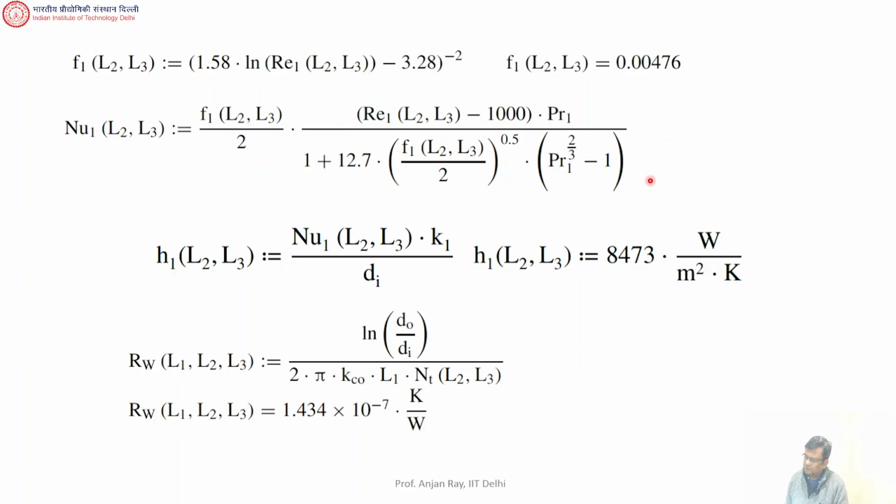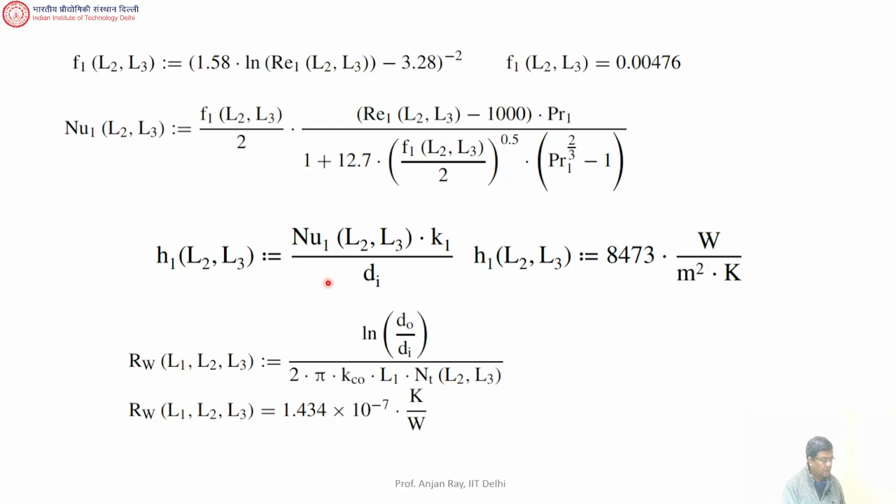This F1 is a friction factor for flow inside the tube, correct? How do you know? The simple way to know is that, okay, if you recognize the correlations, you will know. Otherwise, also, we are using subscript 1 for the tube side. So this is F1. So F1, you got this number.